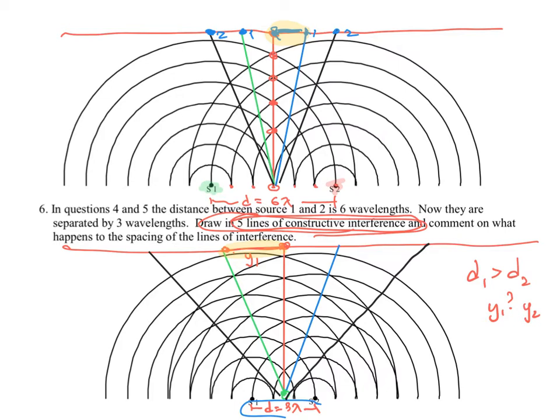So what we just determined qualitatively is that Y1 is smaller than Y2. So when the distance decreases, the spacing increases. Let's see if that's true with the equation.